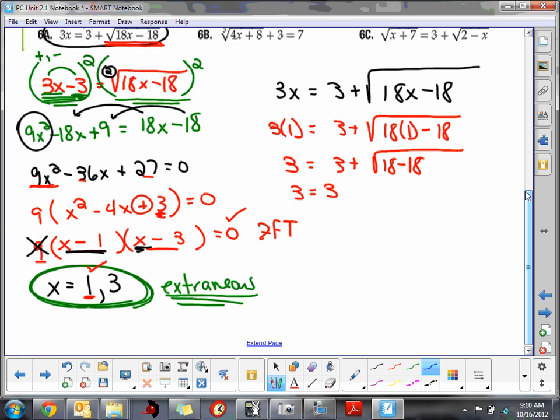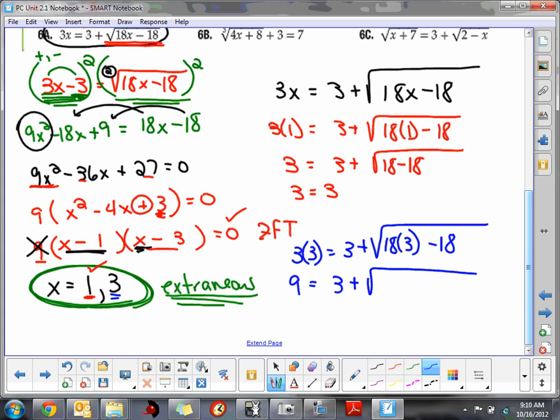But I should also check 3 and make sure 3 works. So now I'm going to do the same process, only replacing x with 3. This is 9 equals 3 plus the square root of 18 times 3 minus 18. 18 times 3 is 54, minus 18.